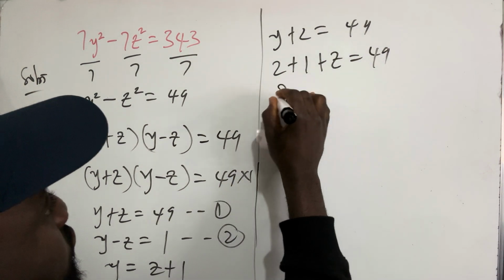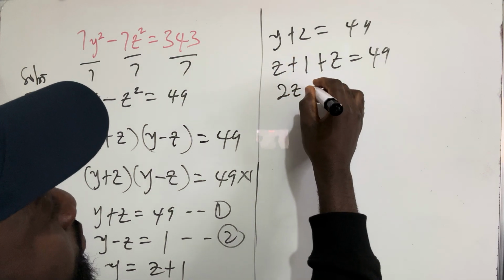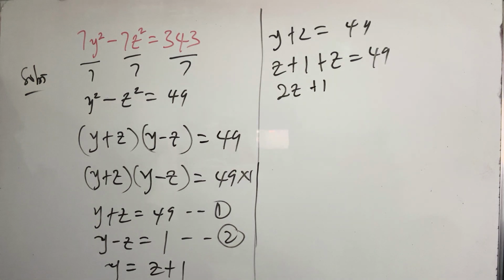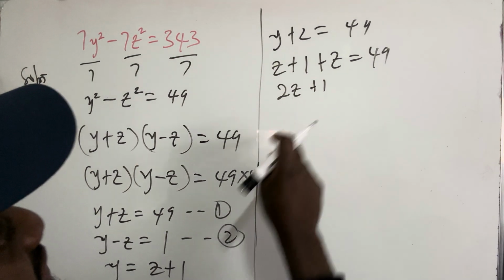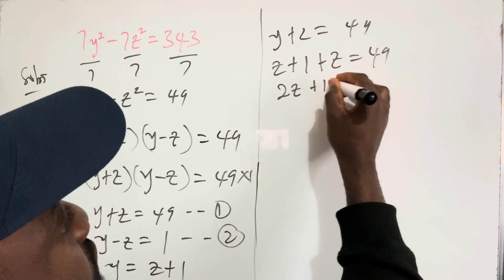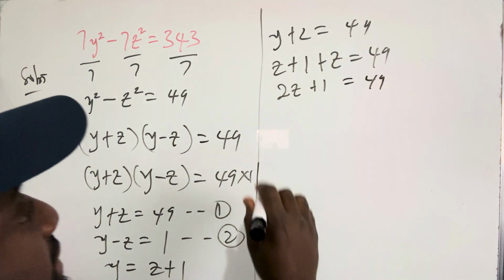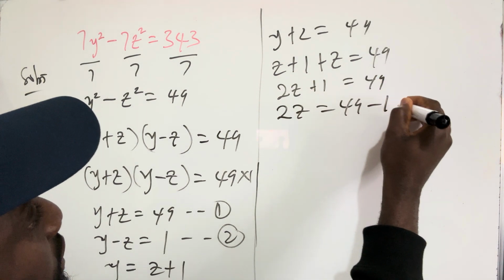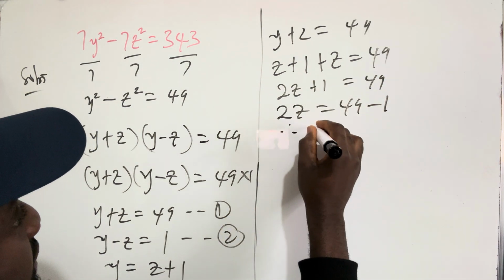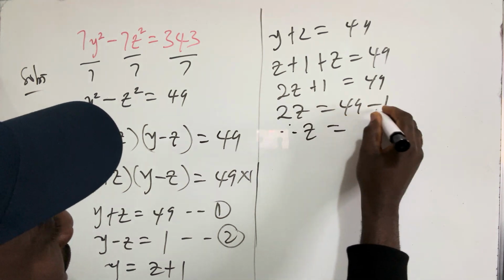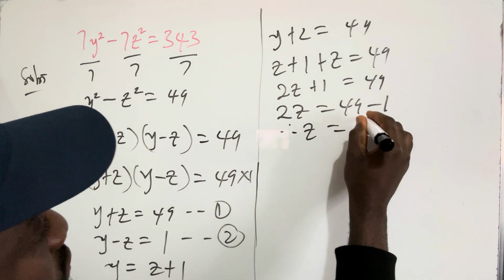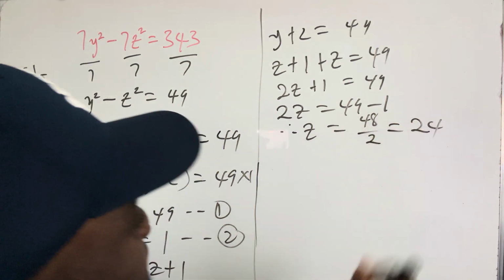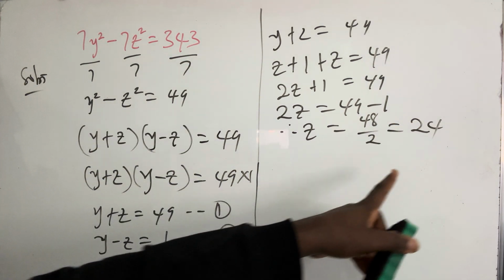Therefore, this is 2z plus 1 equal to 49. Therefore, 2z is equal to 49 minus 1, so z is equal to 48 over 2, which is 24. Now, z is 24.